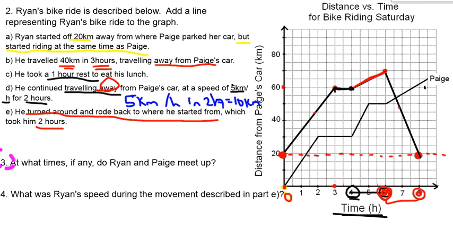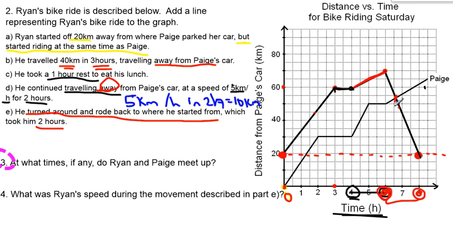Okay, so question 3 says, at what time, if any, do Paige and Ryan meet up? So here's Paige's bike ride, boom, boom, boom, boom, and here's Ryan's. And what you should notice is that at a certain time, they are at the same distance from her car. And so we can assume that this is where they meet up because they're at the same time and at the same place. So at what time is this?